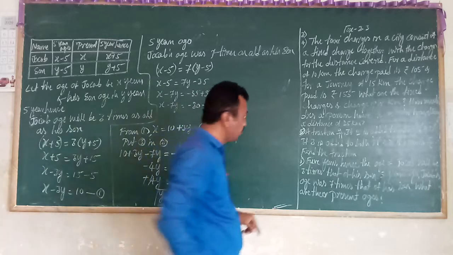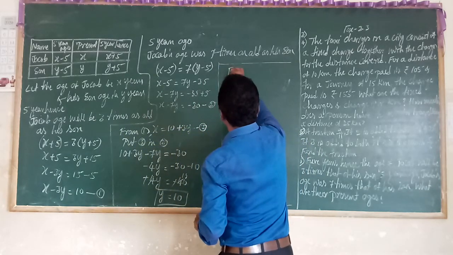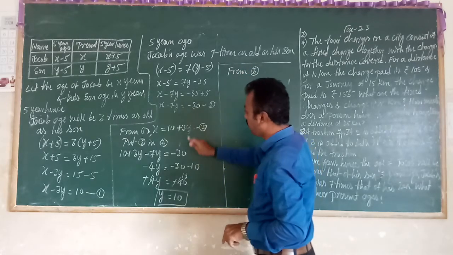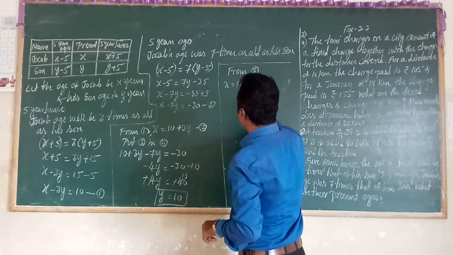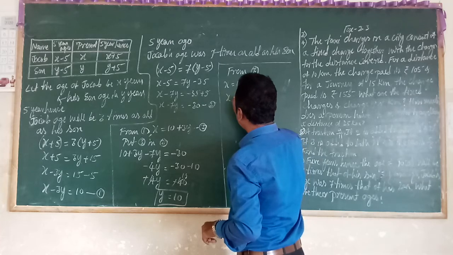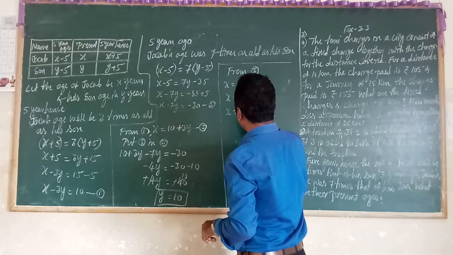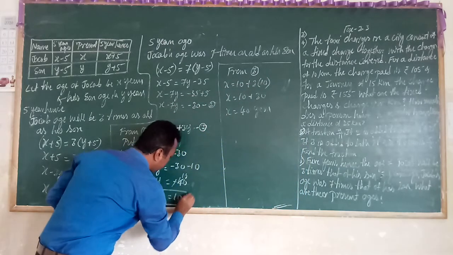Now from the third equation, x is equal to 10 plus 3 into y, which is 10 plus 30. So x is equal to 40 years, and y is 10 years.